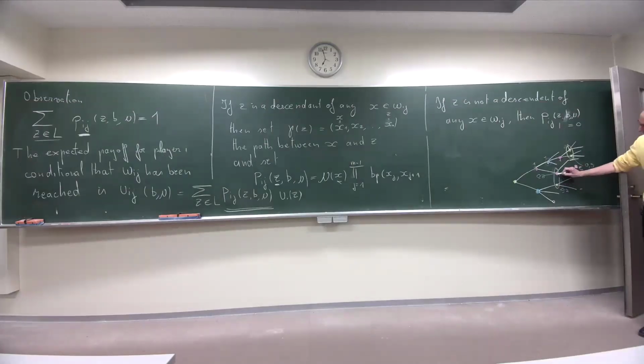I put a probability of 0.8 to be at this point, of 0.2 to be at this point. So I can compute the payoff I'm going to receive, or the expected payoff, depending on this belief, 0.2 and 0.8. And b gives me the number on each edge. So this is a conditional probability.